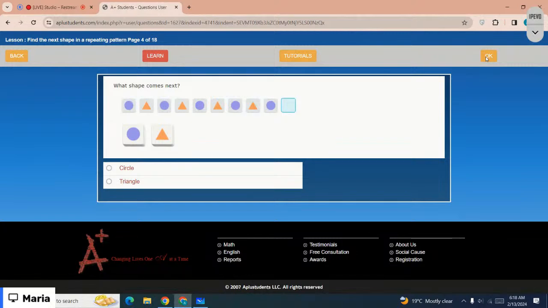Which is the correct option? The next one is, yes, that is a triangle. Triangle it is.